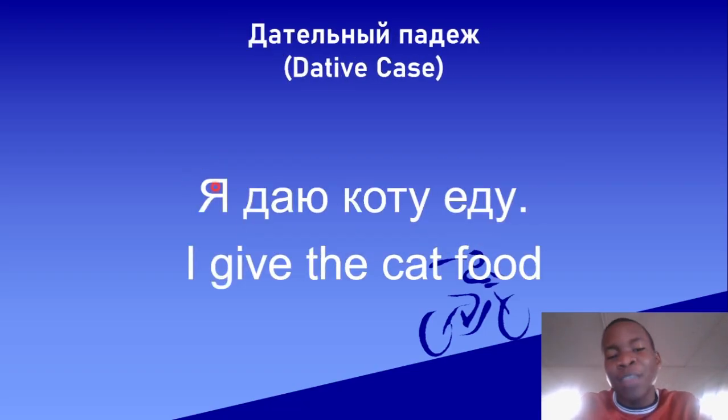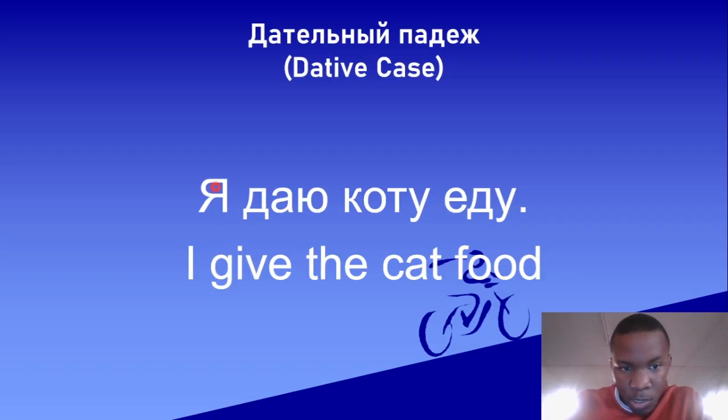So if you have ya at the beginning of a sentence, that is your first sign that it is dative or one of the other cases. That is the first thing we're going to be looking at.